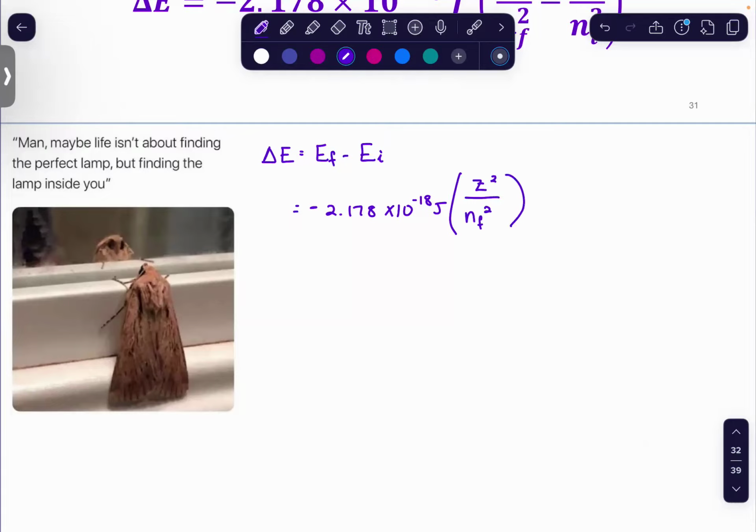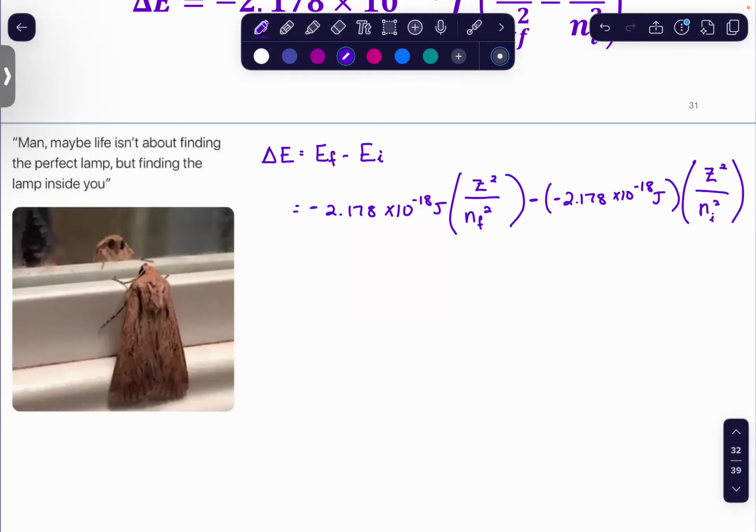And then minus a negative 2.178 times 10 to the negative 18th joules, and then Z squared over n initial squared.